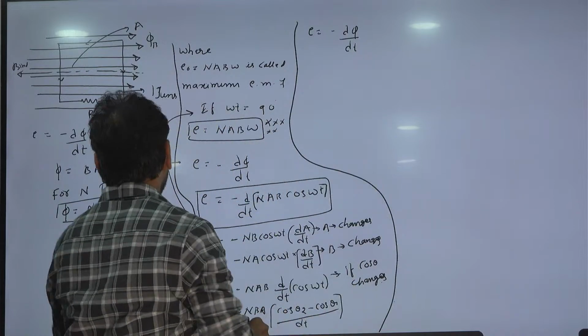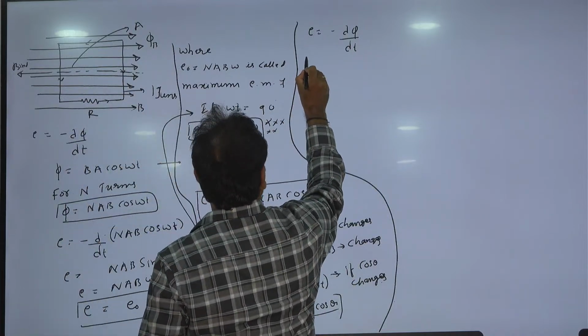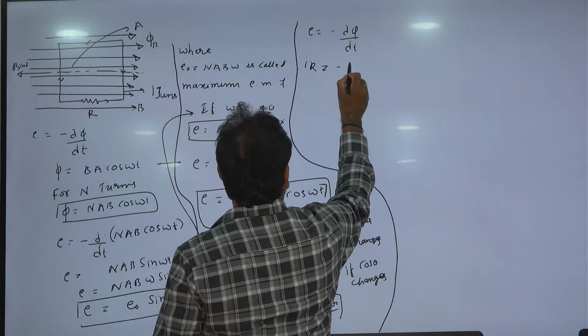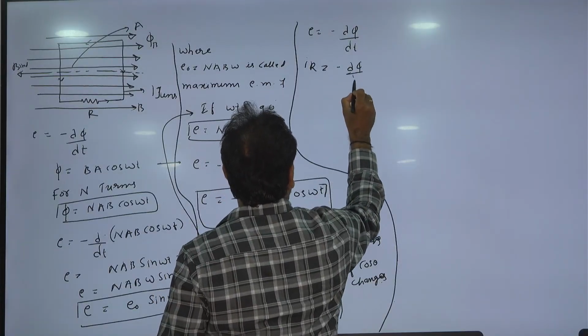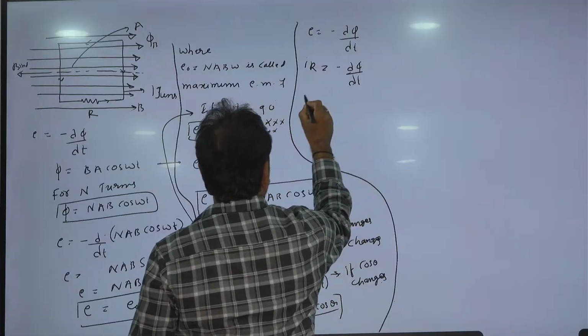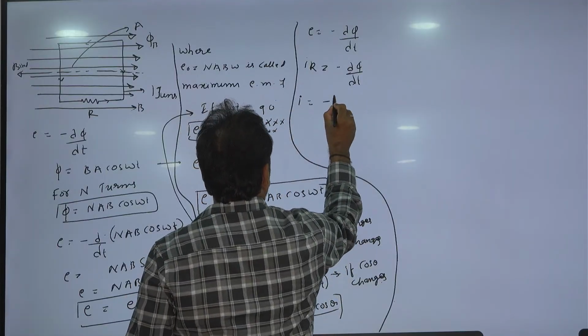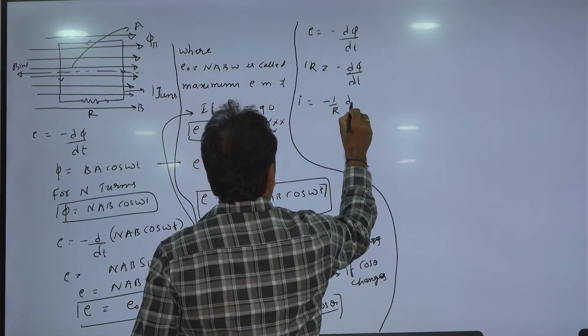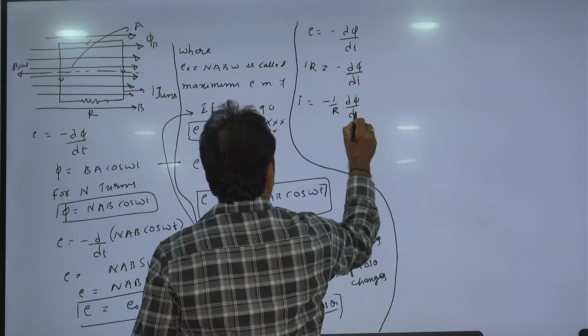Okay, but E is equal to IR, no? IR is equal to minus d phi upon dt. So from this, I is equal to minus 1 by R into d phi upon dt.